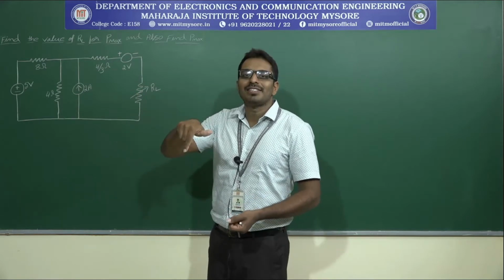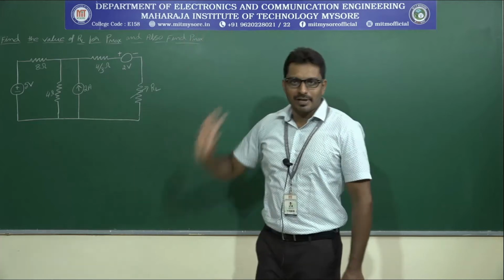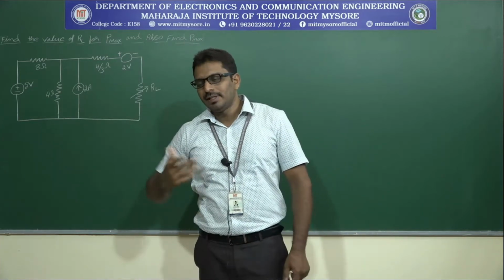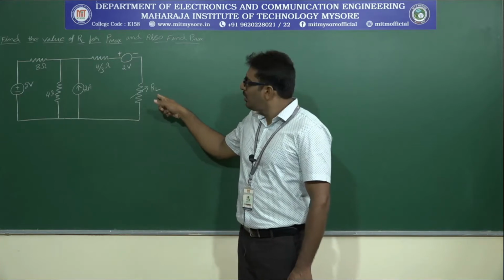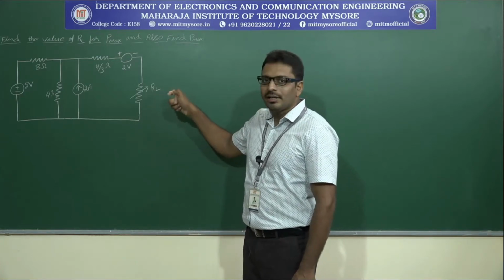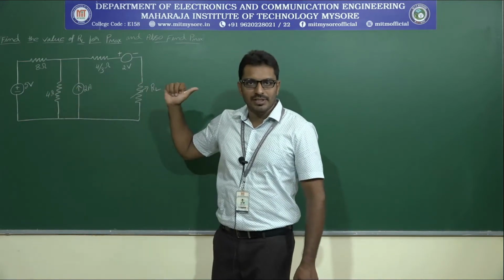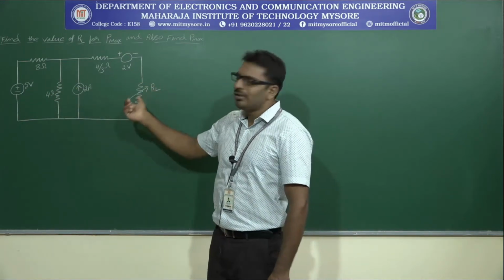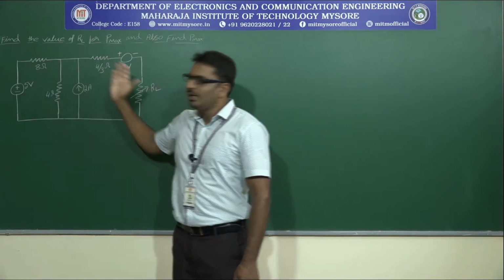Then, after finding that value of RL, find that maximum power. In a simple way, just find the value of RL such that we can transfer maximum power from source to load. That is the first case. After that, find out the amount of power transferred from source to the load.